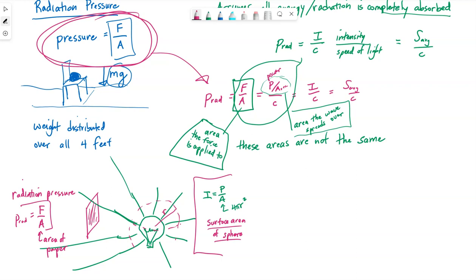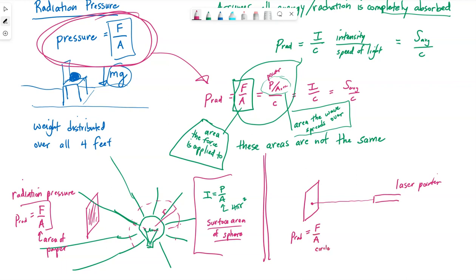They could be the same. The way they would be the same is if I had this piece of paper, but instead of a light bulb, if I had a laser pointer. So the light from the laser pointer coming and hitting the paper. The radiation pressure would be the force at that location divided by the area of just that little circle.